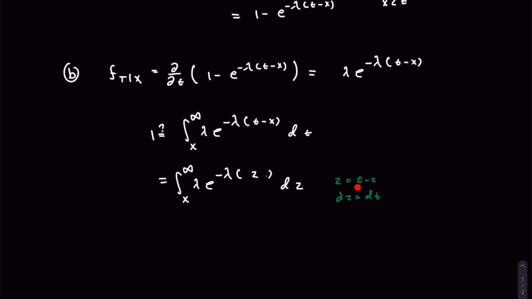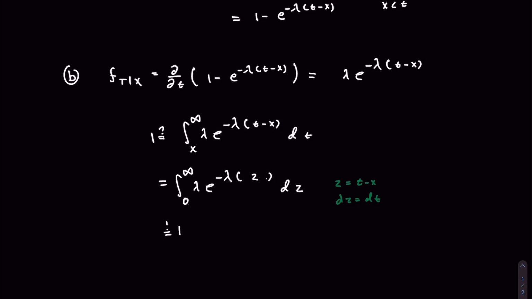And when t goes to x, this term x minus x is 0, so we change this limit to 0. And this we recognize being the regular, the standardized exponential, which we know sums to 1. So this is indeed a valid PDF that we have found here.